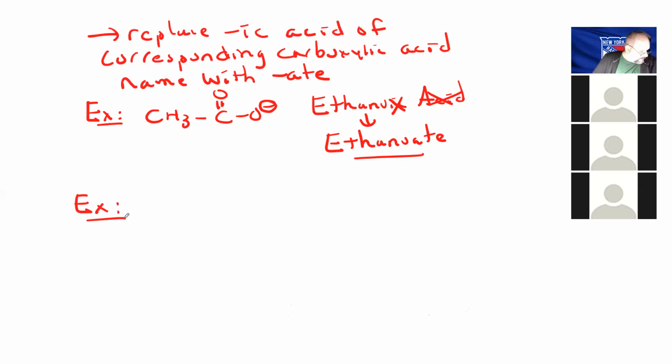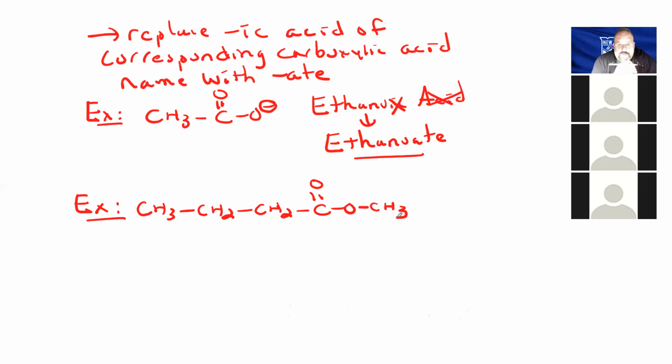Okay. All right. Let's look at some examples. Here's our first. So first thing, let's find that key bond: the bond between the C double bond O carbon and the alcohol oxygen, which in this case is right here.